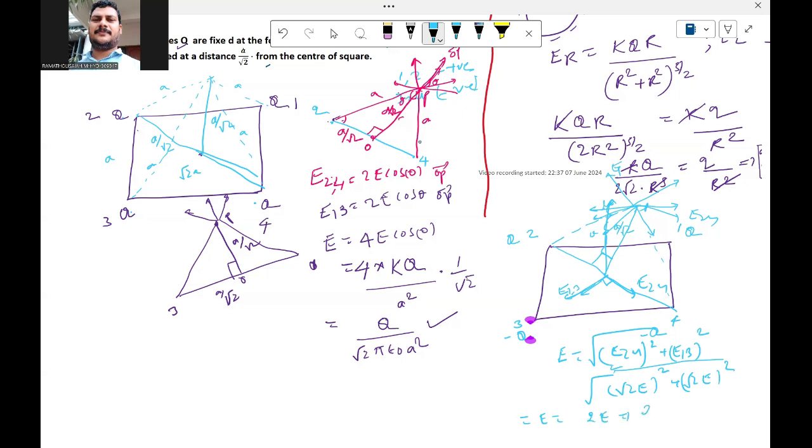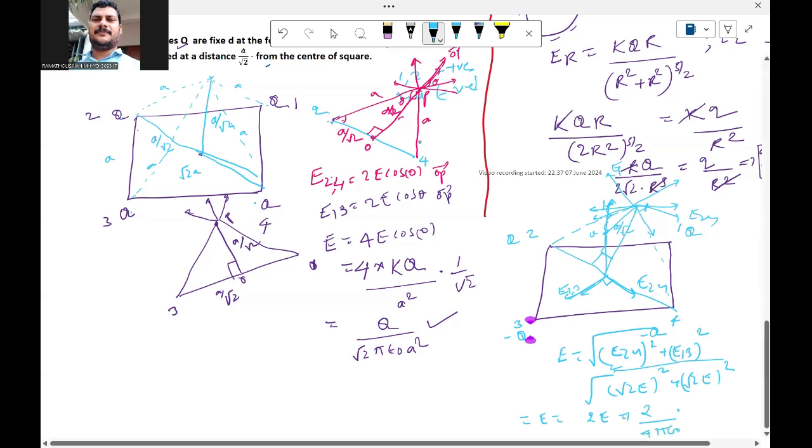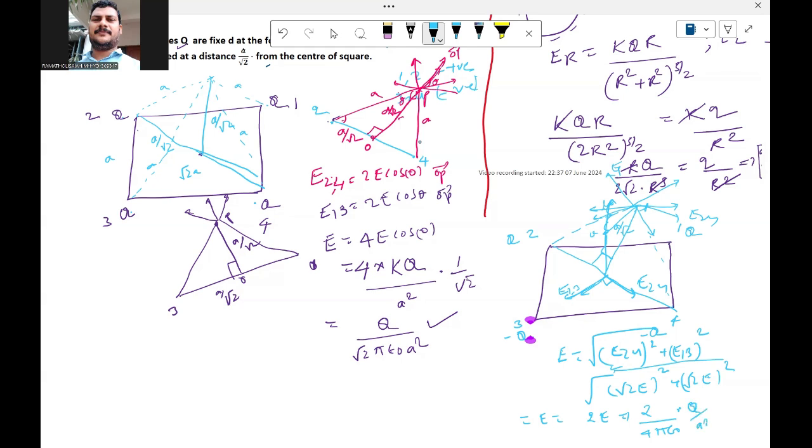So that equals 2 into 1 by 4 pi epsilon naught Q by A square. So the 2 gets cancelled, therefore Q by 2 pi epsilon naught into A square.